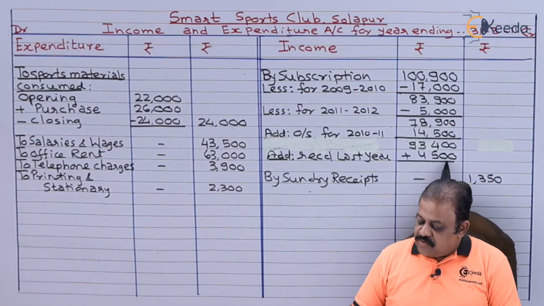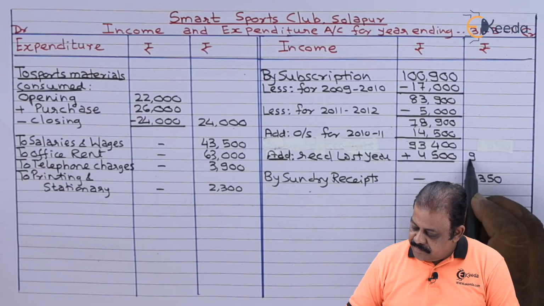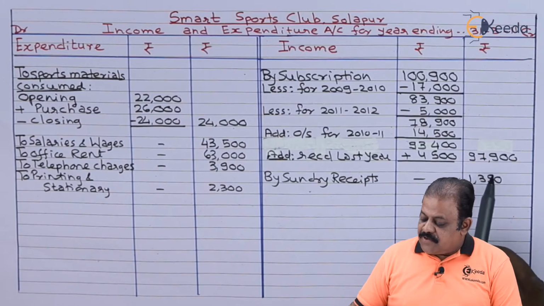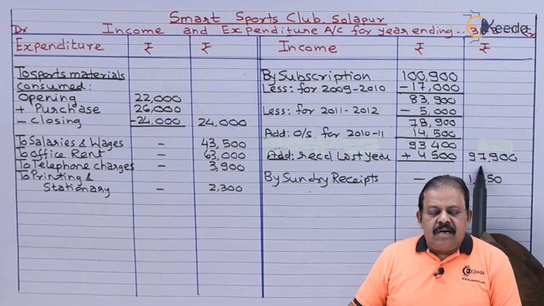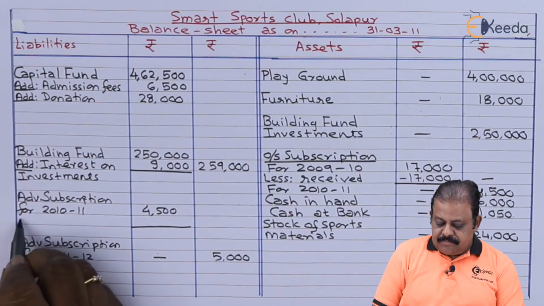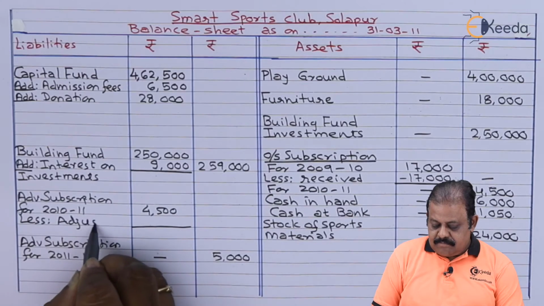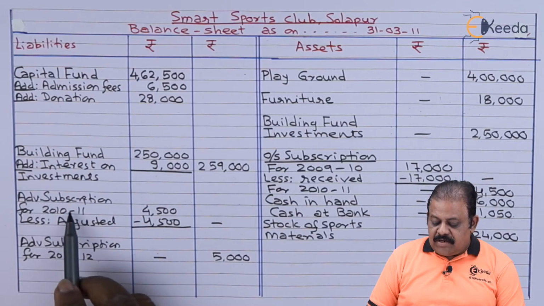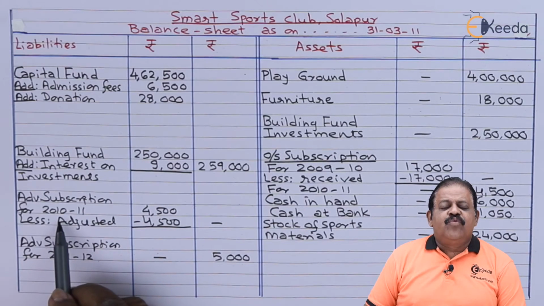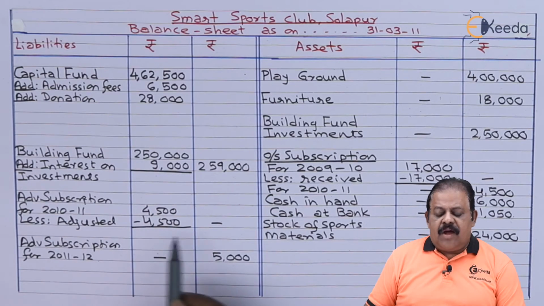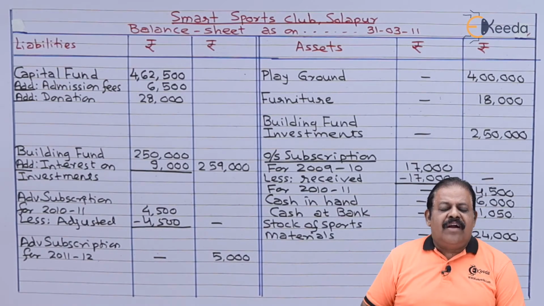Received last year 4,500. So total amount of subscription earned by business during current year is 97,900. On liability side, we have recorded this advance subscription received for current year during previous year. That is now adjusted, so deducted the amount. Now amount is not reflecting here in balance sheet.